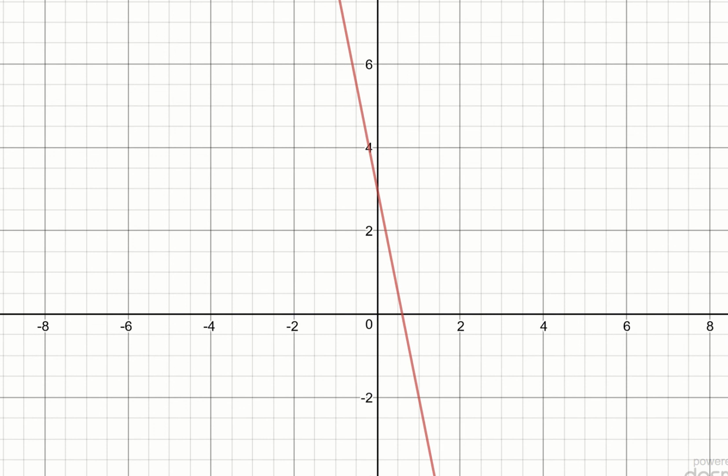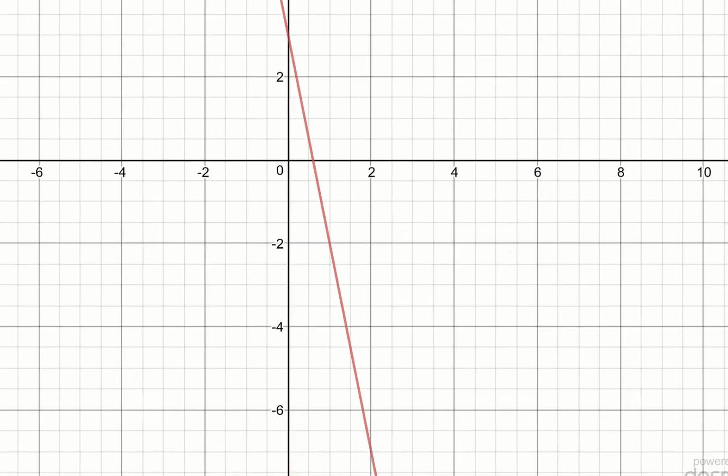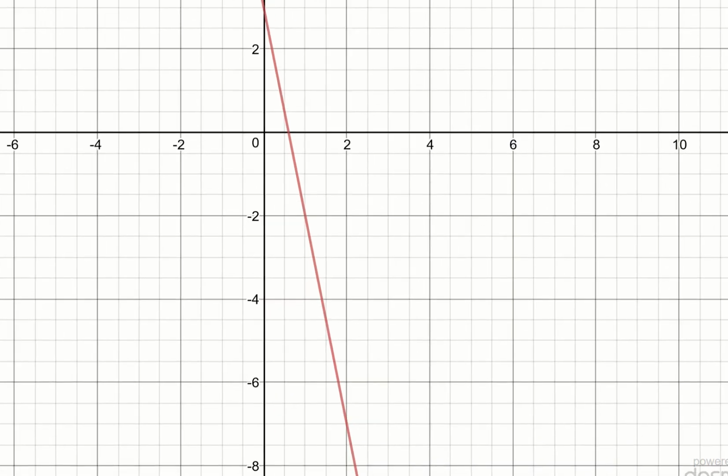And this is true of any function. If I give this function an input value like the number 2, when 2 goes into that function, I get 2 times negative 5, which is negative 10, and negative 10 plus 3 gives me the value negative 7. So right here is where y is negative 7. A value of 2 goes in, and a value of negative 7 comes out.